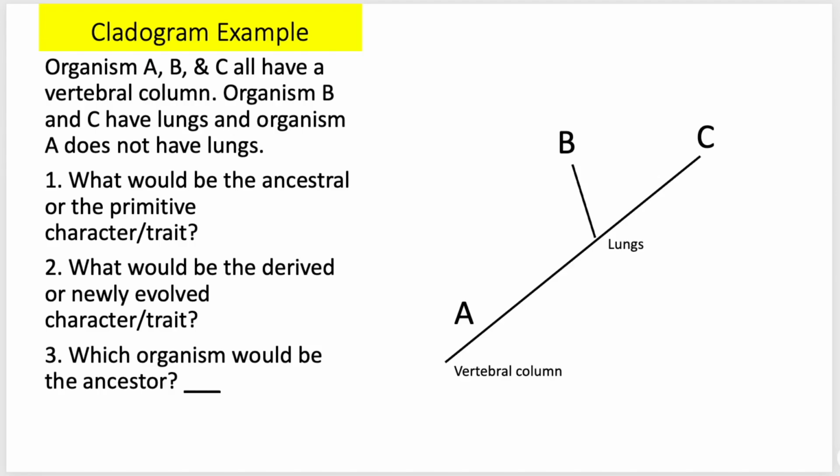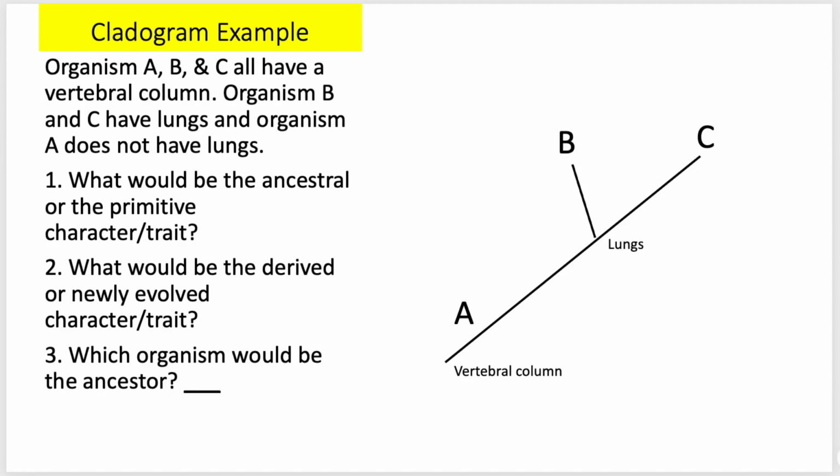So organisms A, B, and C all have a vertebral column, is what's being described in this image. Because underneath, along the straight line on that Y, at the base of that, you have traits that are written across that line. And as branches come off, in this case it's like the letter Y, so you only have one branch, the branches will list organisms, but on the base of a cladogram, where you have a straight line or a diagonal line, it lists traits.